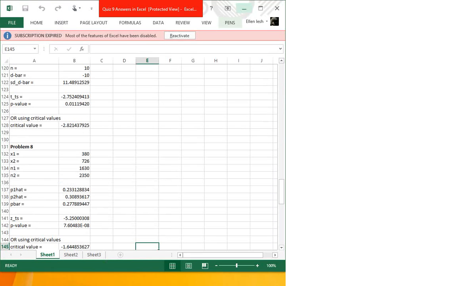So I calculated them in Excel already, so we can just look to the Excel file. You can just use a calculator, or you can use Excel, it doesn't matter. So 0.233 is p hat 1.